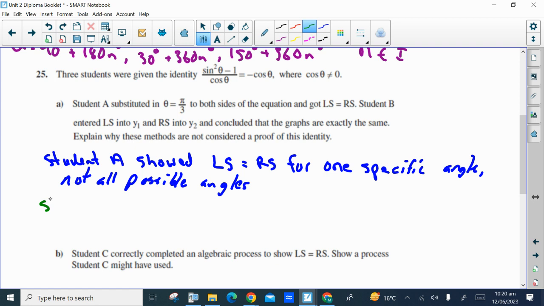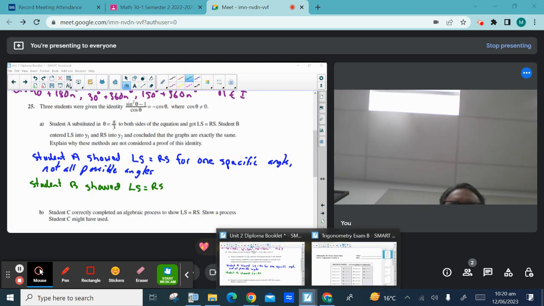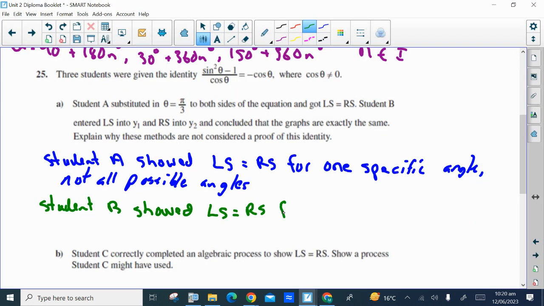Student B showed that left side equals right side for whatever domain the calculator is set for.